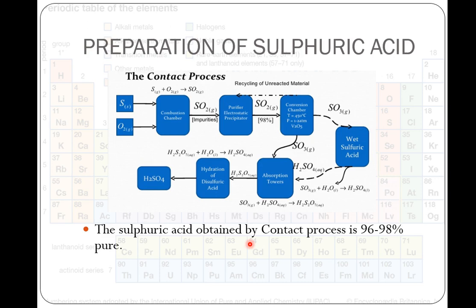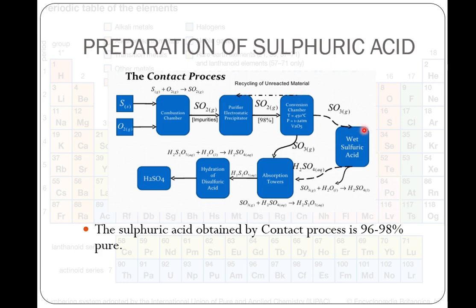The most important oxo acid is sulfuric acid. It is prepared by contact process. It is prepared in 3 steps. First is burning of sulfur or sulfide ore in air to form sulfur dioxide. Then second, sulfur dioxide is converted to sulfur trioxide by the reaction with oxygen in the presence of a catalyst, vanadium pentoxide.